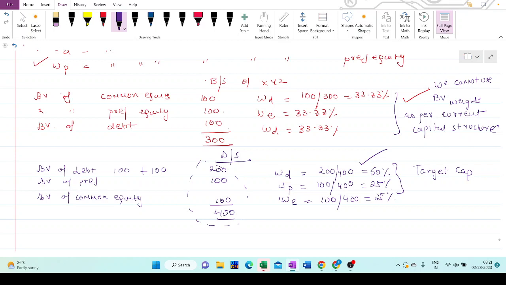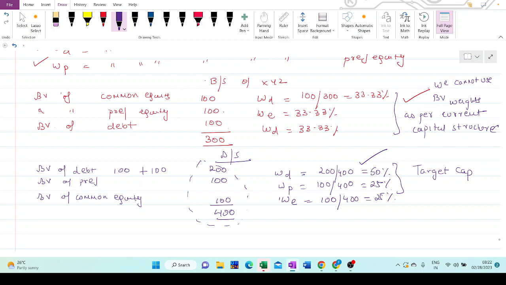Who decides whether we'll issue debt, preferred equity, or common equity to raise this 100 million? The management decides, right? And as outsiders, we can't read the minds of the management. So we are not expected to know the target capital structure of the company.